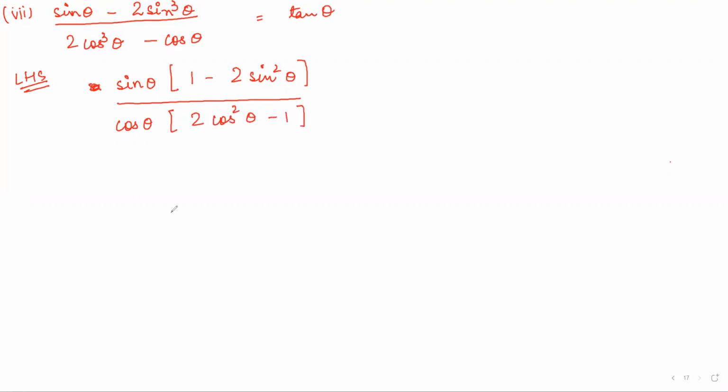Now see, everything I should get in terms of sine and cos so that I'll be able to simplify. So I'll convert this 1. This 1 can be written as sine square theta plus cos square theta, right? So sine theta into, now this 1 I'm writing sine square theta plus cos square theta and then minus 2 sine square theta.